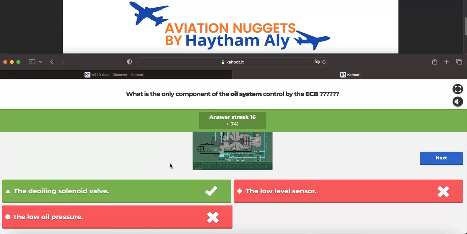Also during shutdown, the de-oiling solenoid valve will open to keep the oil from going to the compartment after shutdown, so all the oil stays in the oil reservoir, which is the accessory gearbox. Again, the only component in the oil system controlled by the ECB is the de-oiling solenoid valve. Okay, everybody, let's proceed.